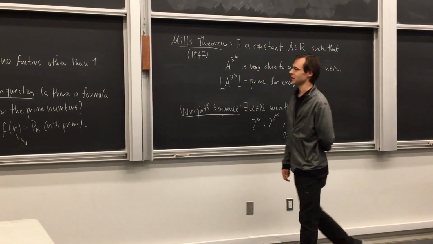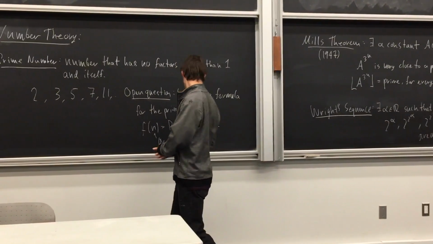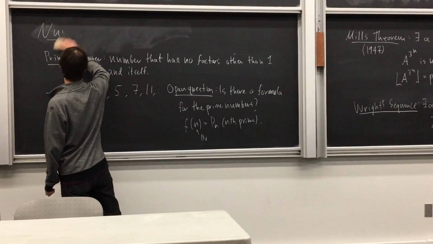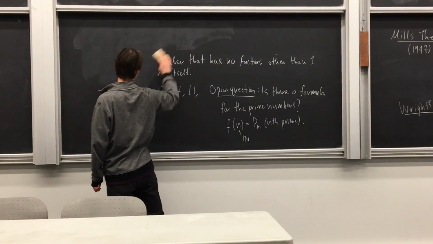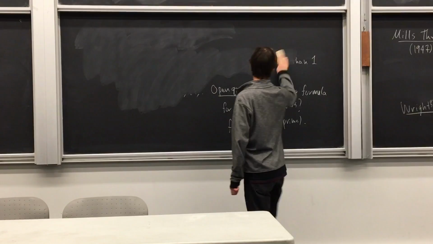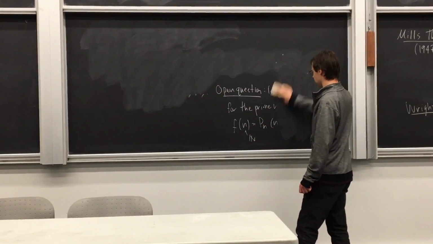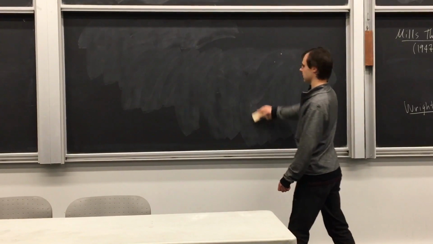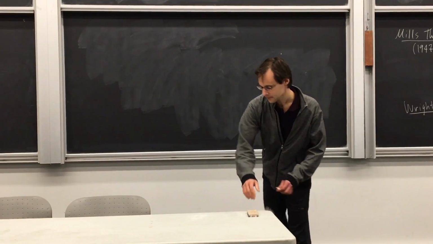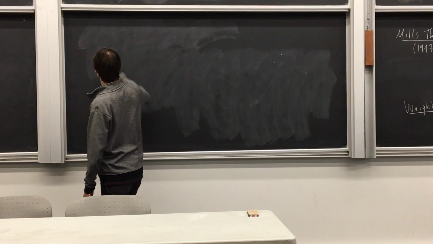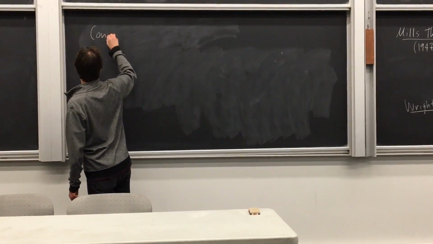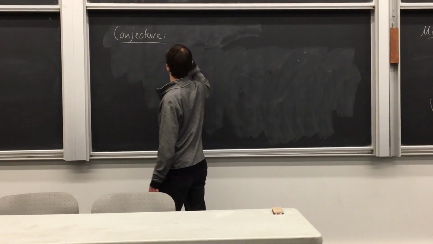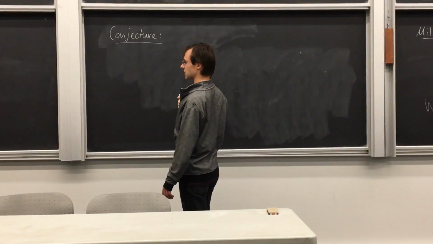What else can we ask about prime numbers? Let's wipe away this board. So there is no formula for them, or at least it appears that there isn't. Here's a very simple observation made in the 18th century that we still cannot prove. So another open problem, a conjecture. Here's what it is.